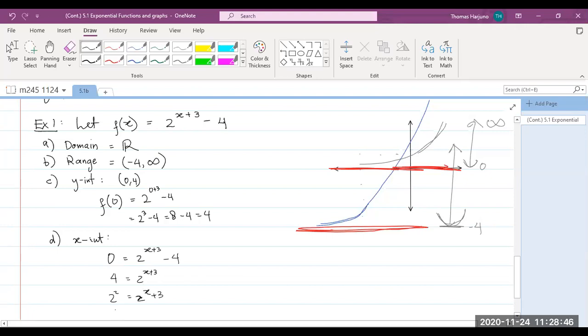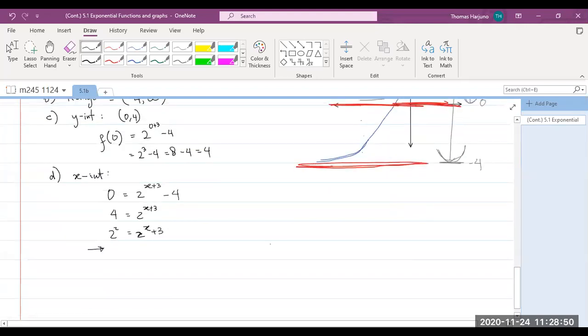That implies 2 equals x plus 3. The exponent equals the exponent. Okay, and x equals -1. So the x-intercept is (-1, 0).